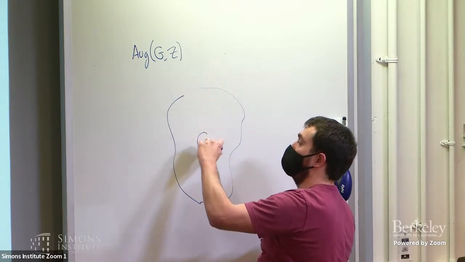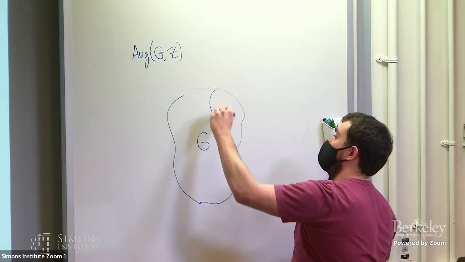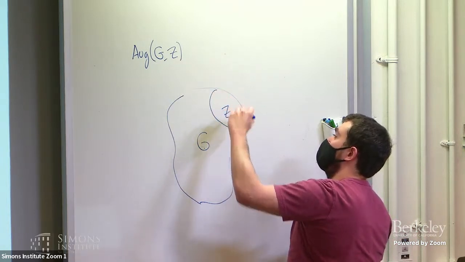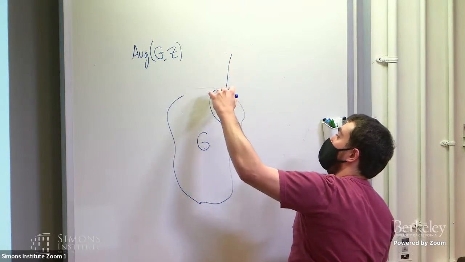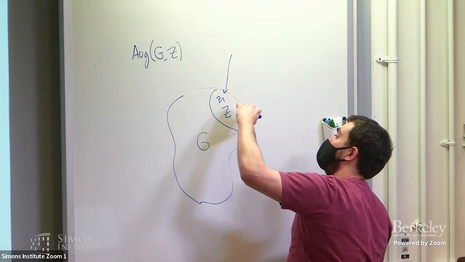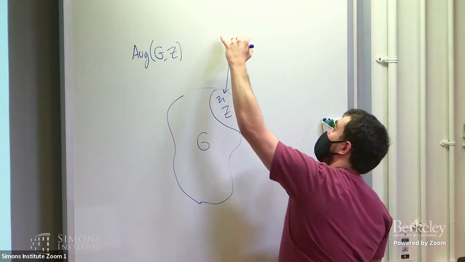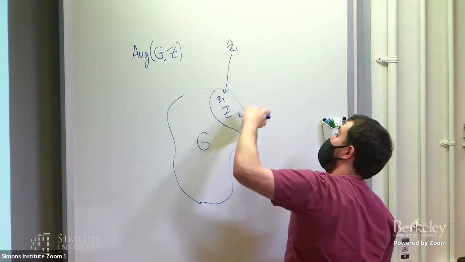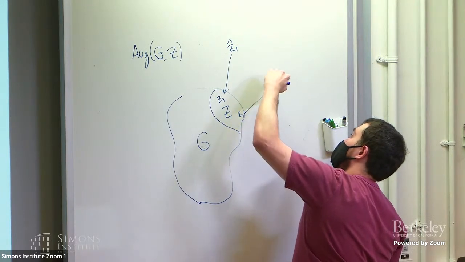I'll just draw an abstract picture for it. And I look at some subset of the vertices Z. And I add new vertices. So if I have Z1, and I add a new vertex, Z1 hat, Zn hat.